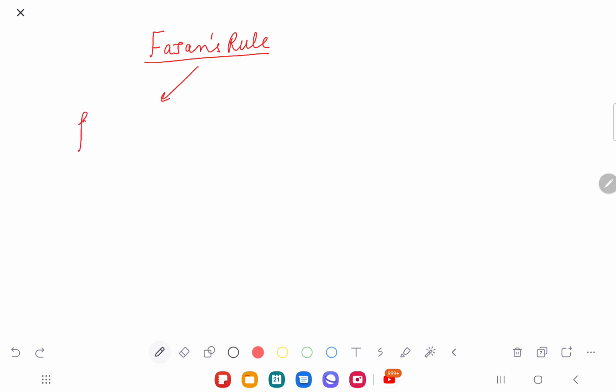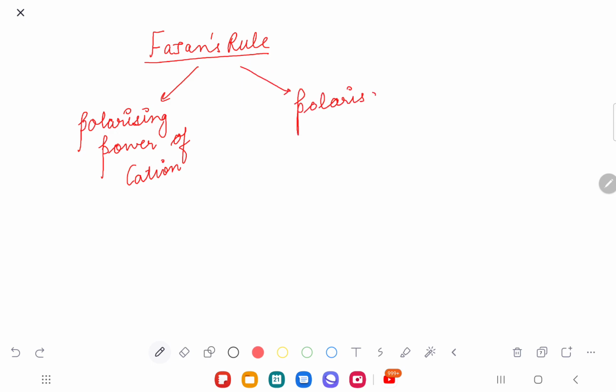One is polarizing power of cation and polarizability of an ion. Okay, Mark? And one more property about ionic compounds that ion.